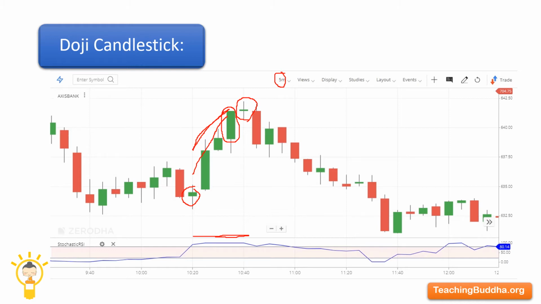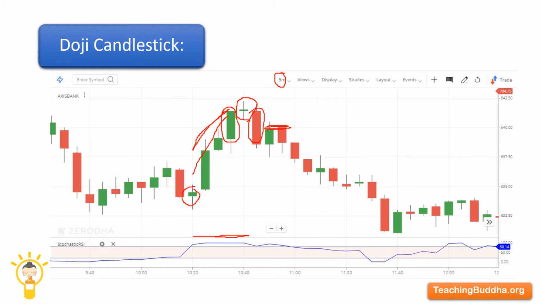You don't have to wait for the confirmation candle. Of course, you can wait for the confirmation candle if you want to lower your risks. As you can see, you can enter position at any place of this candle, or you can enter position here. But if you enter position here, what will be your stop loss?